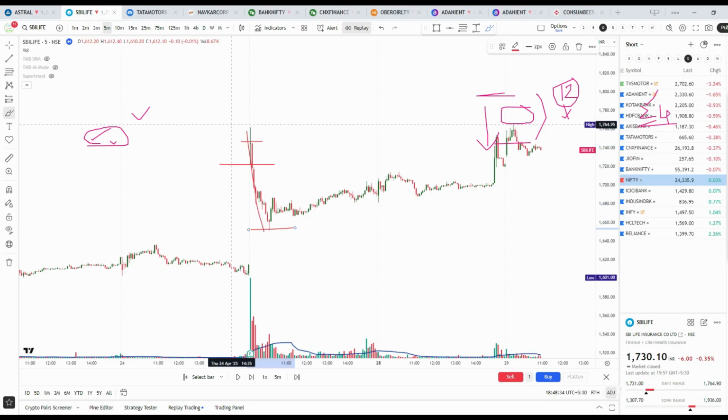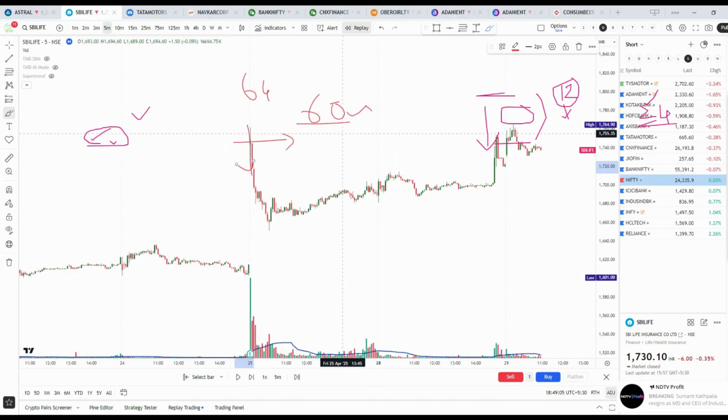Okay, how much risk? This is the risk, this is the reward. We can hold till this point, till this point. This was SBI Life. I tried to attempt the trade here, but my entry was not triggered. I put the option order at 60 rupees, but the day high was 64 or 65. I put at 60, but my entry was not triggered because it is very fast. So I gave up on this actually.